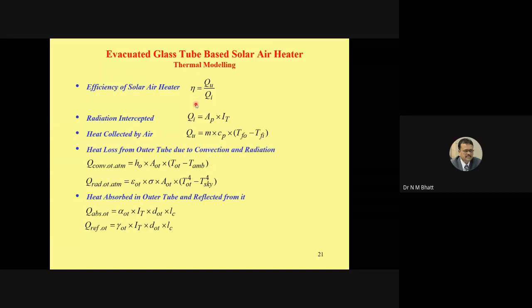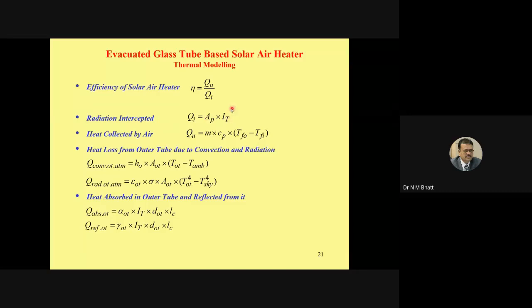So we need to calculate the efficiency of the collector. Ultimately, we want the efficiency of the solar air heater. The efficiency of the solar air heater is the useful heat gain collected divided by the solar radiation falling on the solar collector. Now, radiation intercepted is the insolation measured at the aperture plane, times the aperture area.